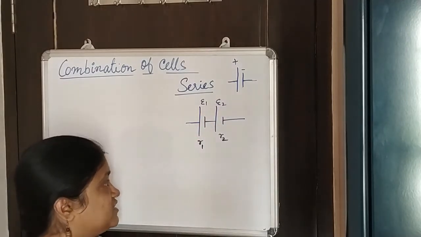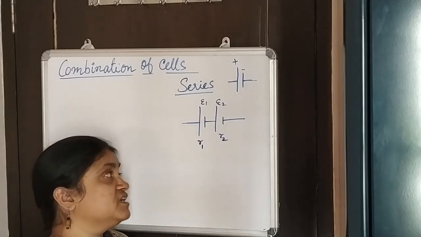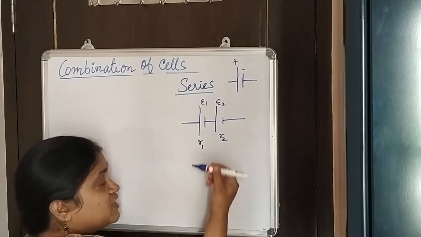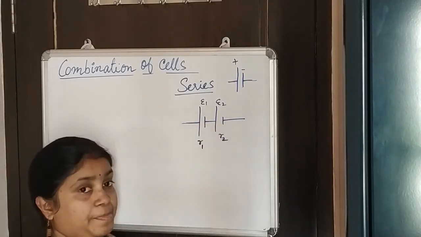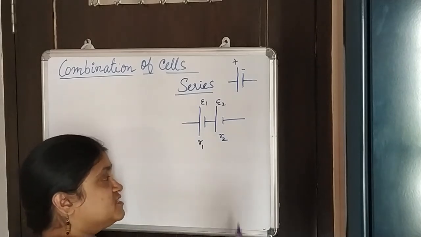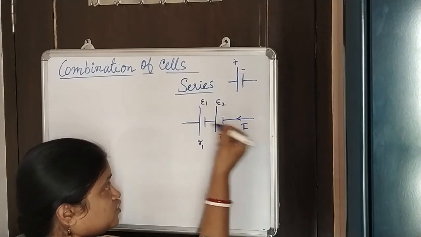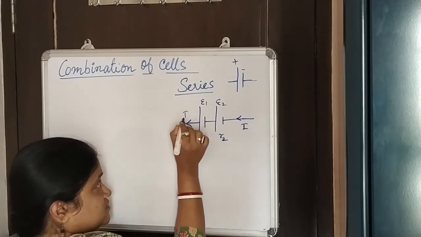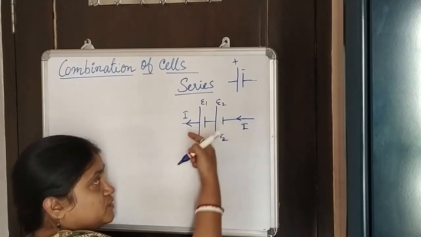So for this kind of connection, what happens? Current I flows in this direction. The same current is flowing through both cells.